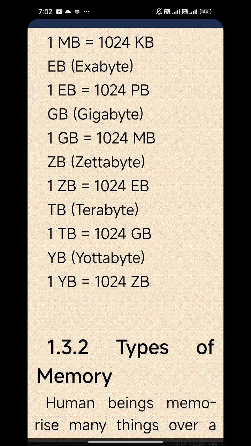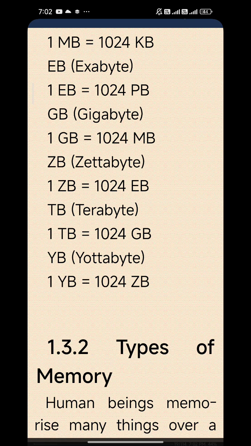EB exabyte: 1 exabyte is equal to 1024 petabytes. GB gigabyte: 1 GB is equal to 1024 MB.